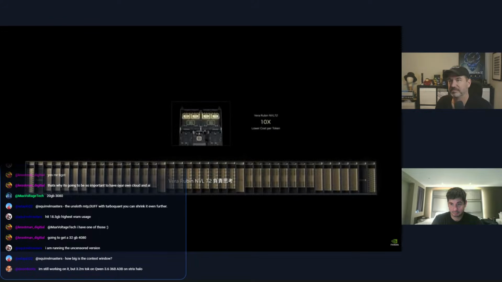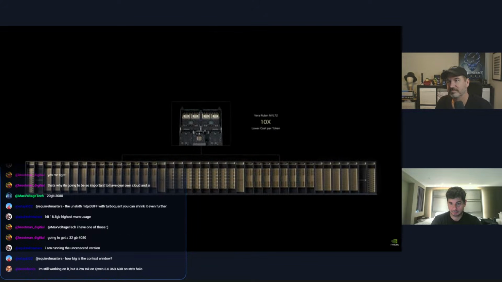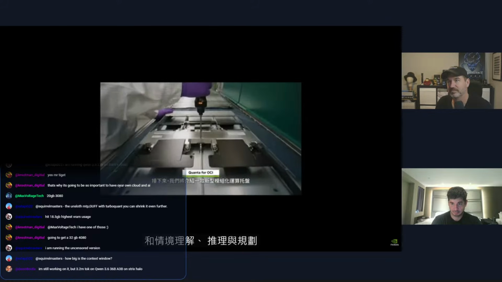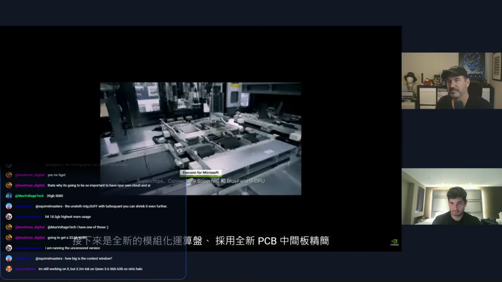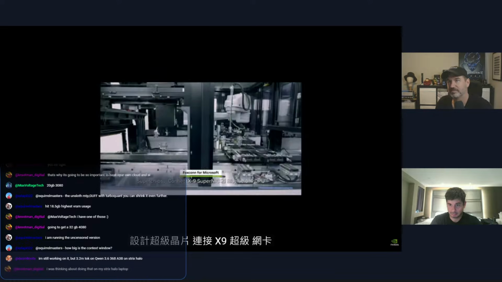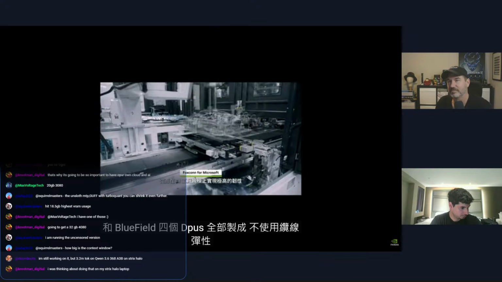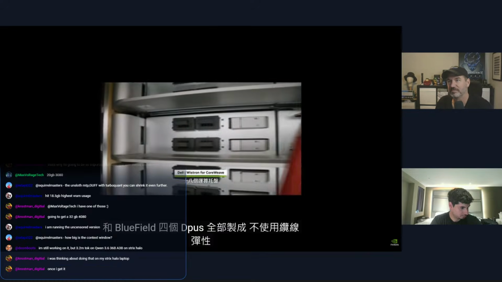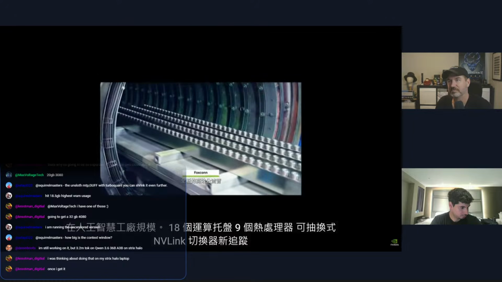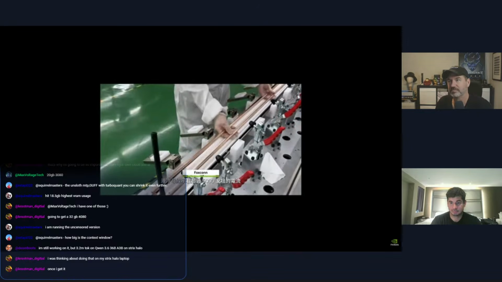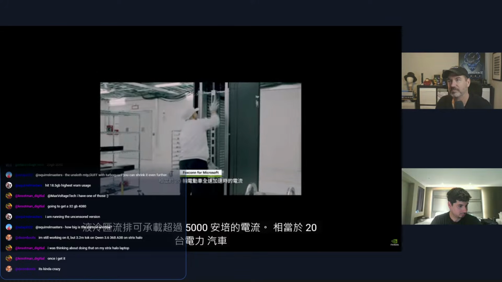Vera Rubin NVL72 does the thinking, prompt and context understanding, reasoning, and planning. Next, a new modular compute tray, streamlined with a new PCB mid-plane design, super chips, ConnectX-9 Super NICs, and BlueField-4 DPUs, all made in place, with no cables for resiliency at AI factory scale. 18 compute trays, 9 hot swappable NVLink switch trays, new high-efficiency manifolds, liquid-cooled bus bars, carrying over 5,000 amps, the equivalent of 20 electric cars at full acceleration.